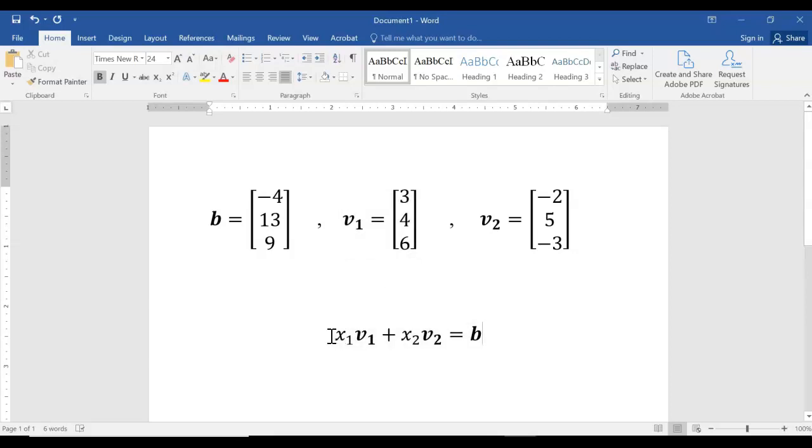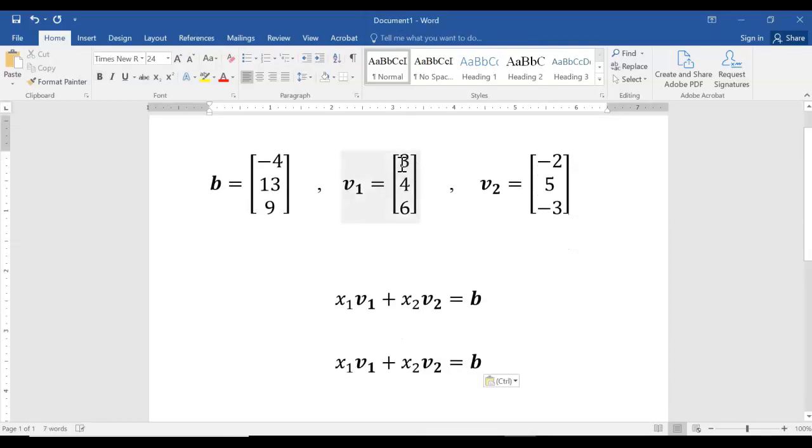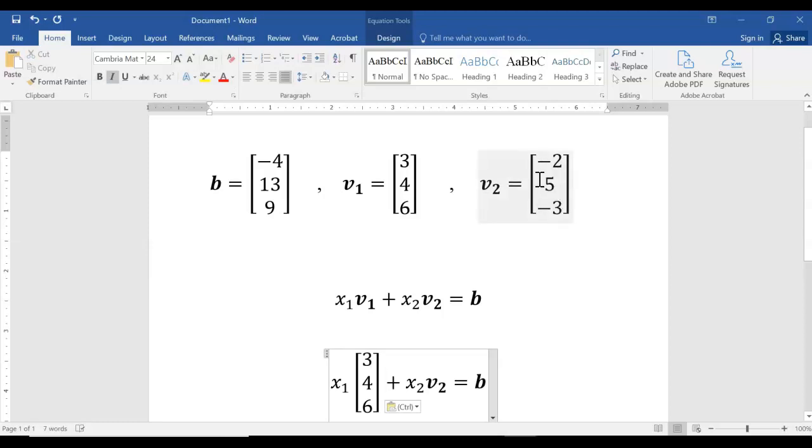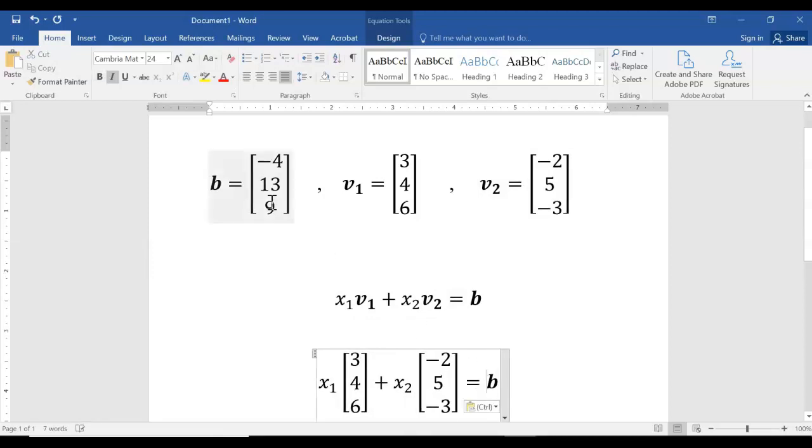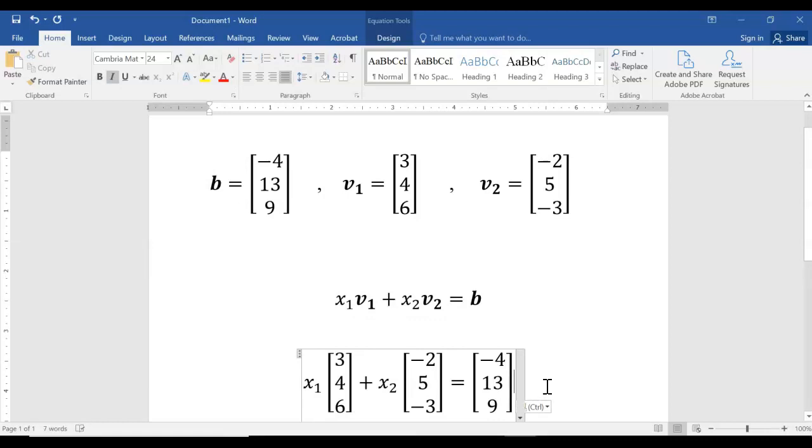So we know what the vectors are: v1 is that vector, v2 is that vector, and b is that vector.